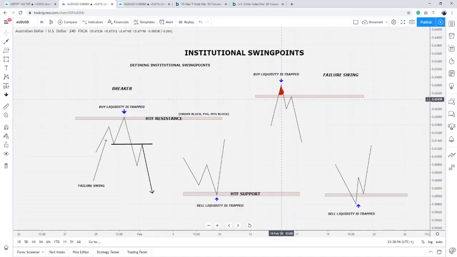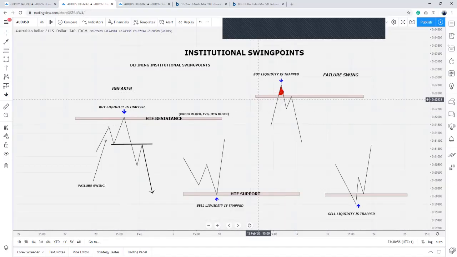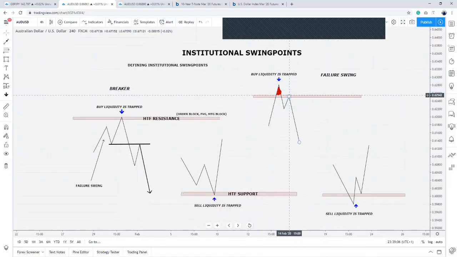So what is actually going to happen is that around this higher time frame resistance level there are going to be pending buy stop orders resting, from the institutions and also from the collective herd of retail-minded traders. So that creates liquidity for the central banks to reprice the market to the downside.